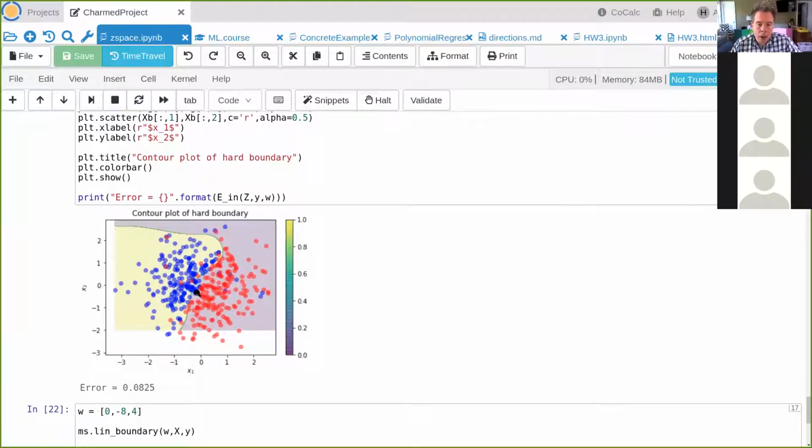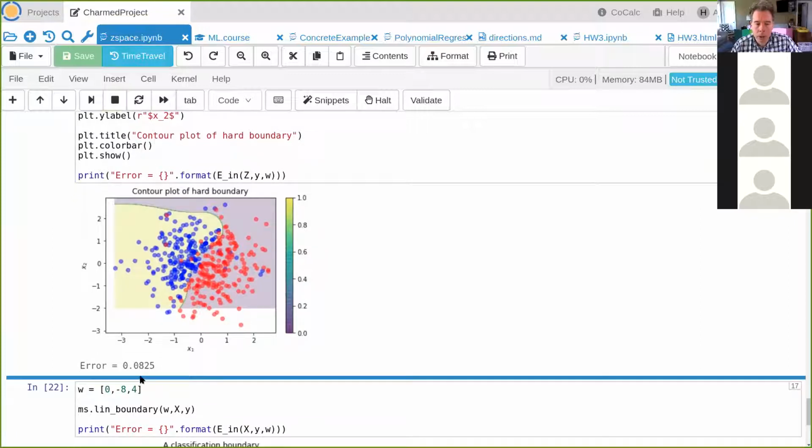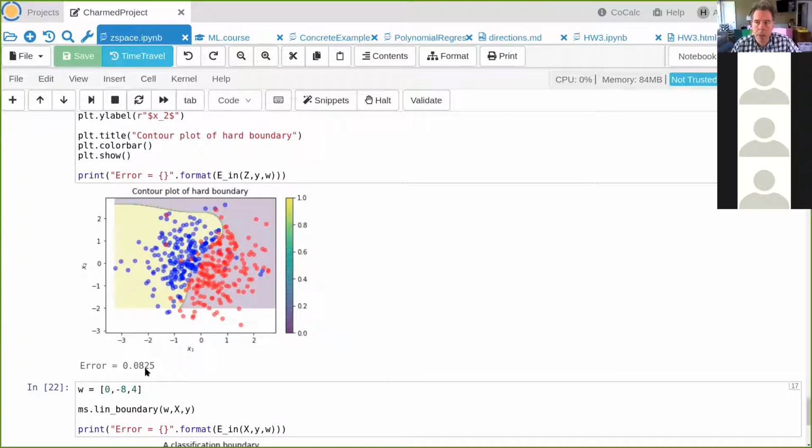And we can look at the error that it has now. This is closer to the out of sample error, because these new points are coming along after we've already decided on our boundary. And now the error is at 8%, or 8.25%.